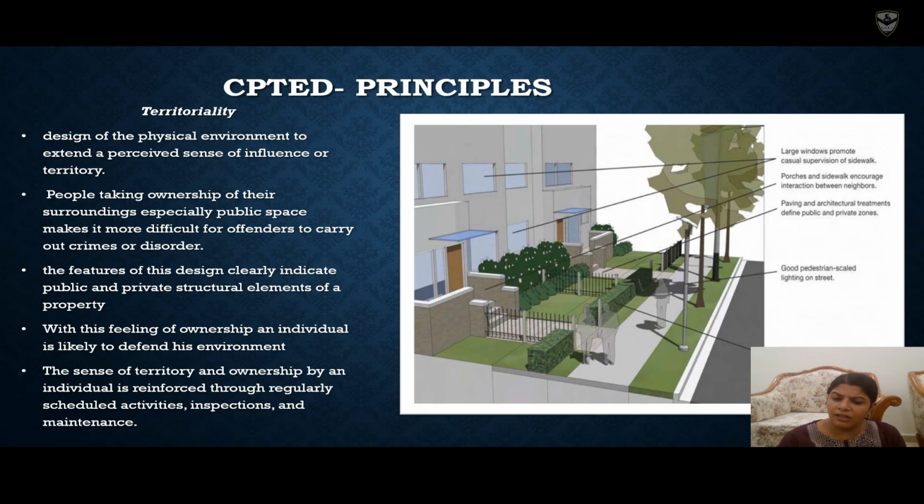The same use of natural control and natural surveillance can also further help in creating proper territories, and we can prevent crime in such ways. Now, the sense of territory and ownership by an individual is reinforced through regular scheduled activities, inspection, and maintenance.